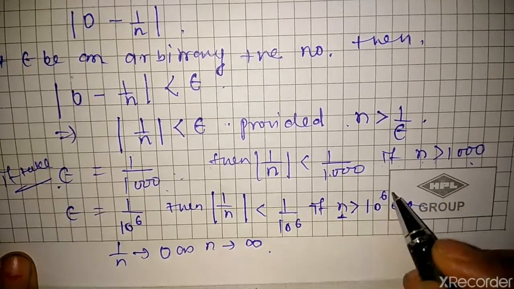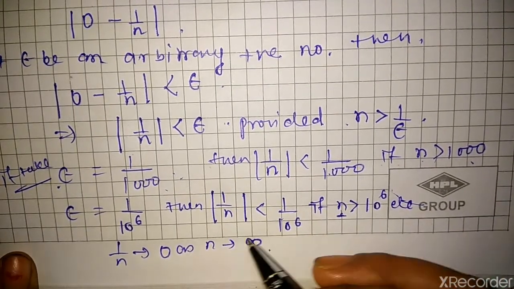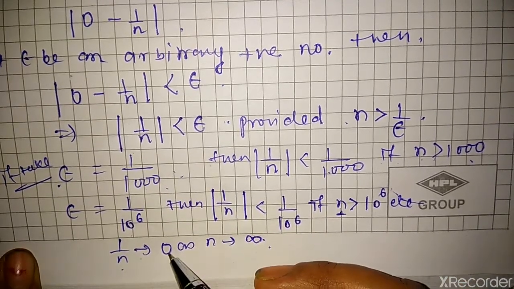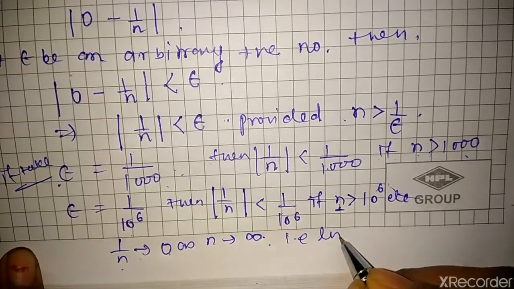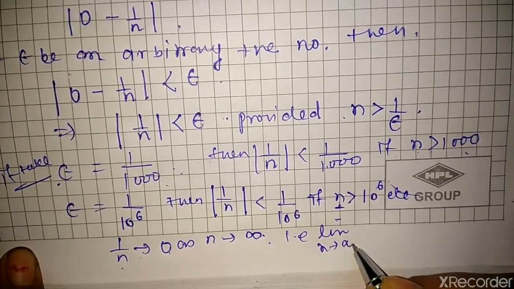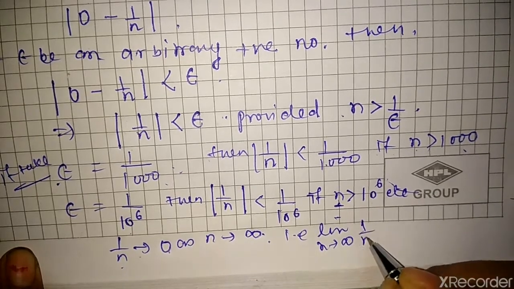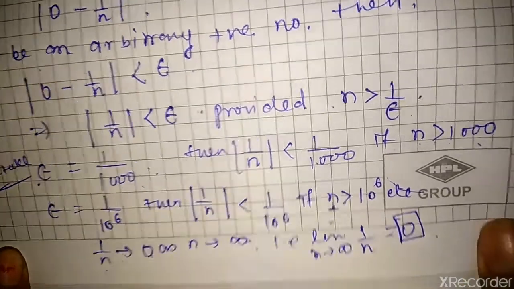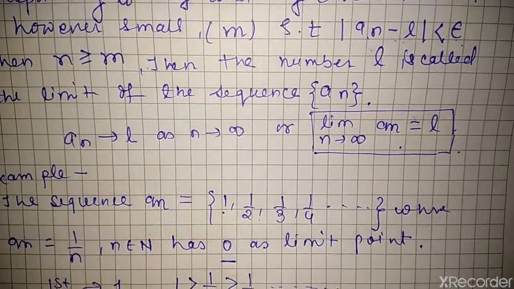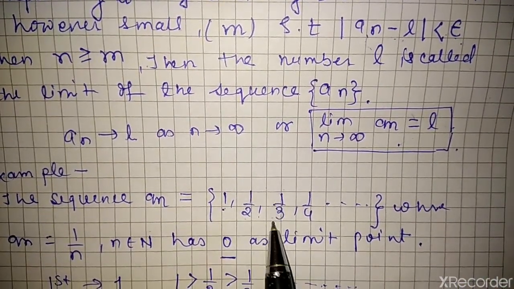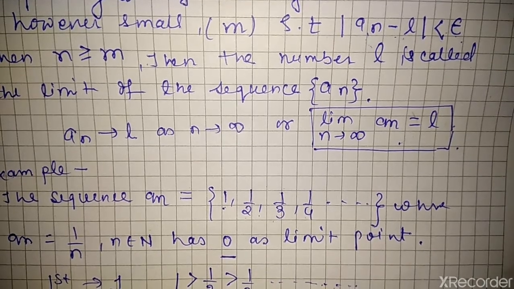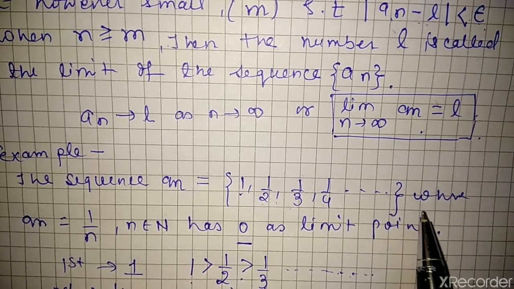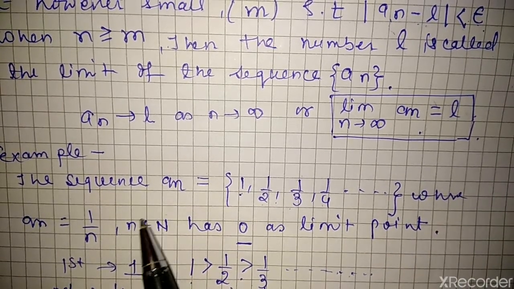That is, limit as n tends to infinity of 1 by n equals 0. And here 0 is the limit point of the sequence an equals 1, 1 by 2, 1 by 3, 1 by 4, and so on. So we can say that the limit point of the sequence is 0, and the sequence converges to 0.